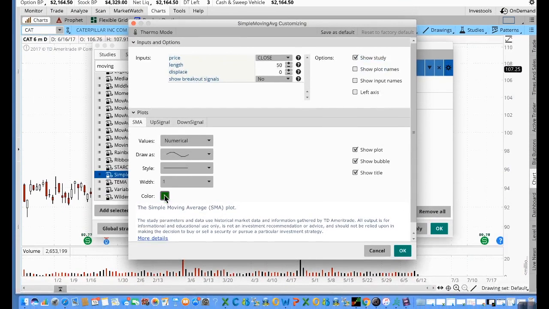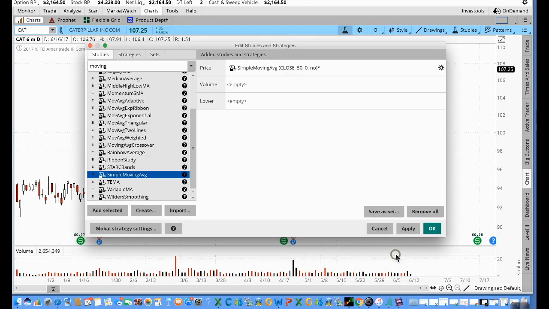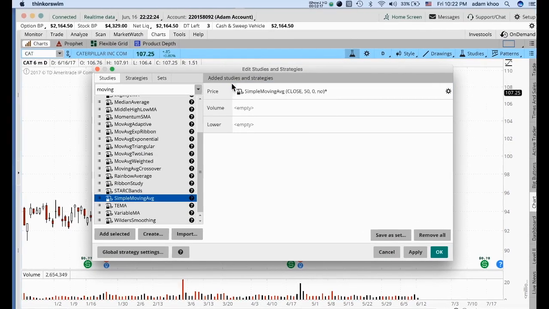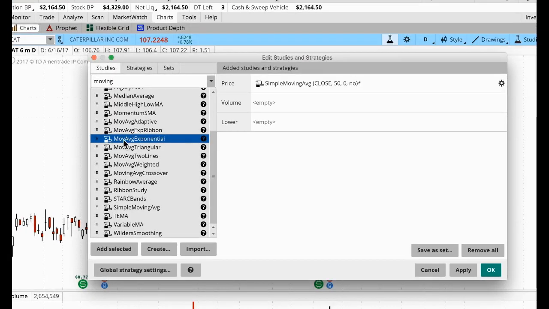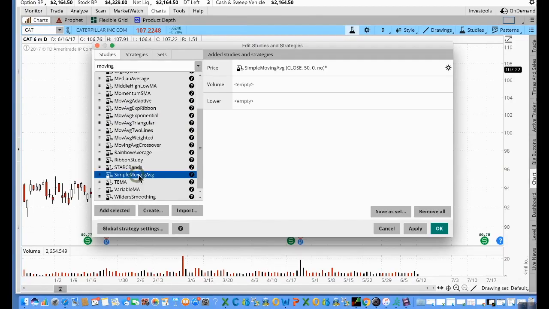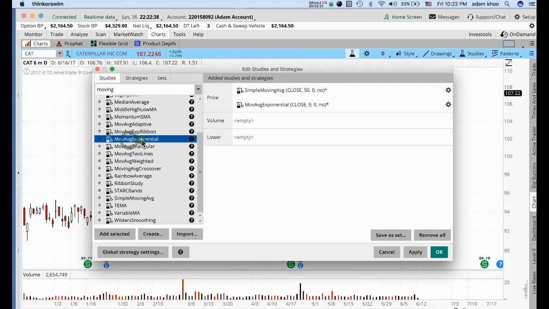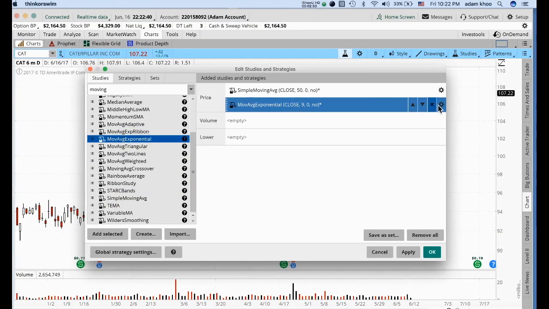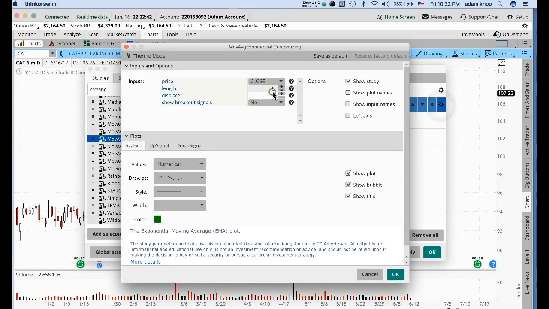So that will be blue, and there we go. Then I could put in my 20 exponential moving average. For exponential moving average, I would choose this one. For simple moving average, it would be this one. So let me click on exponential, and I'm going to put in a 20 EMA, for example.